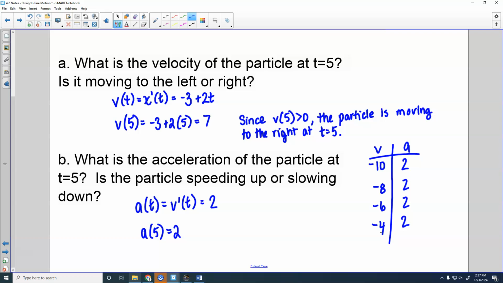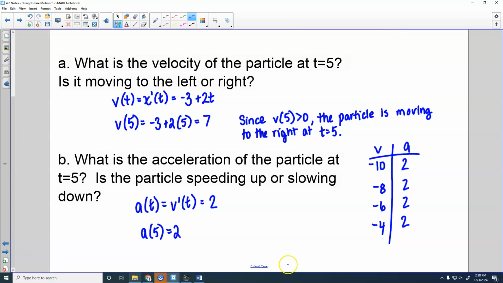The speed is the absolute value of your velocity. You're going 10, 8, 6, 4. You're slowing down. It's a situation that's easy to think about whenever velocity is positive and hard to picture, for me at least, whenever velocity is negative. So if in part A that was moving to the left and we got the same number 2, we'd be slowing down.